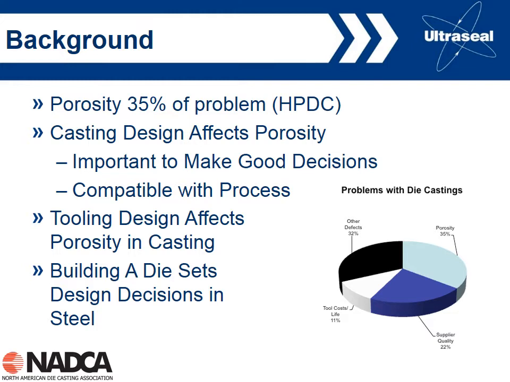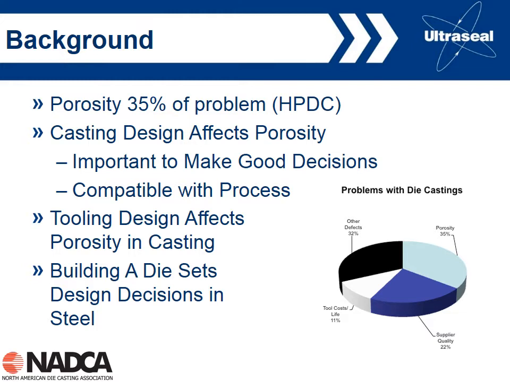So if you add these two together, 32% and 35%, basically 67% or 2/3. So basically 2/3 of all the problems that end users have are related to porosity or porosity-related defects.